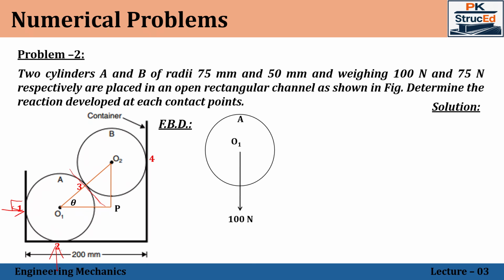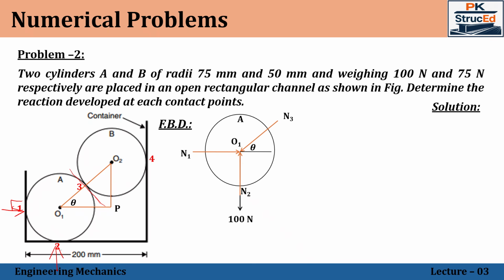So these are the three normal reactive forces acting on cylinder A. Let us represent them in the free body diagram. We have N2 acting vertically upward, and then we'll have N1 and finally N3. All the forces will be acting towards the center point because they are reactive forces.